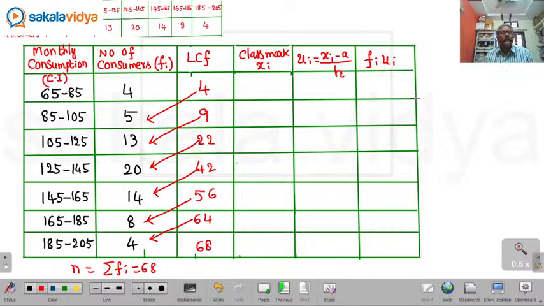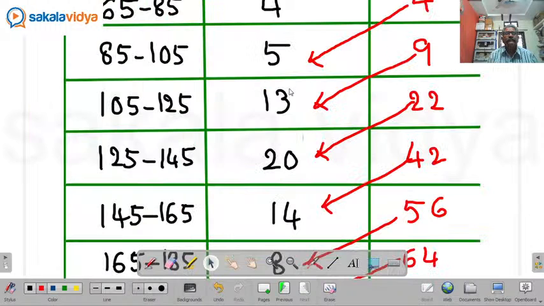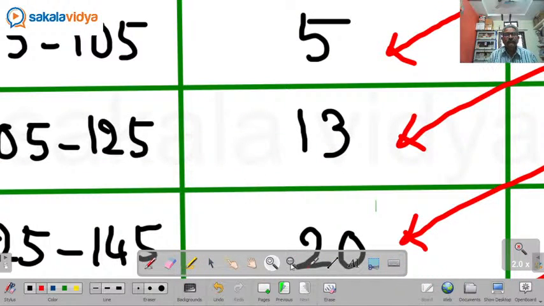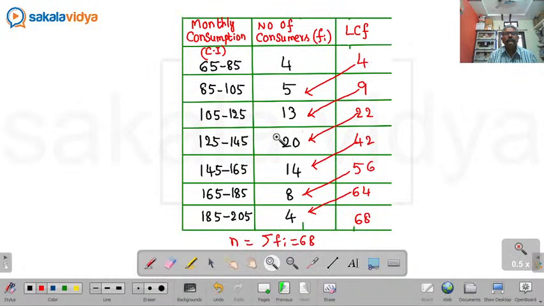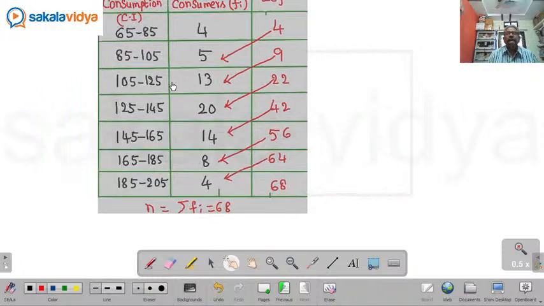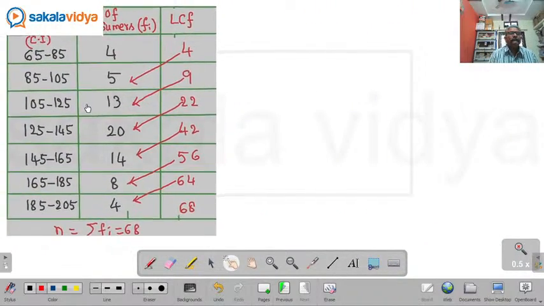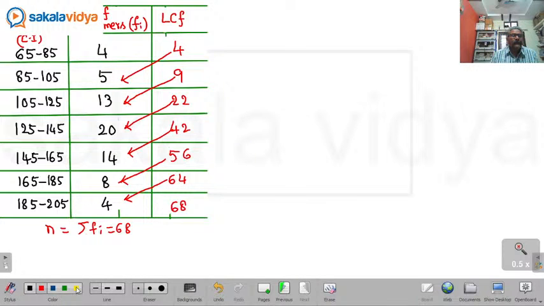So now first let us find out the median; after that we shall go for the mean.